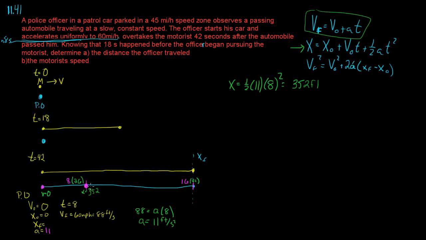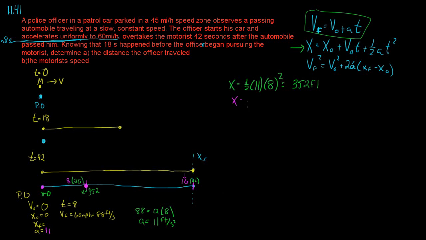We can figure out how far the police officer travels by using this same equation again with a time of 16 seconds, because he's traveling with a constant velocity from this point to this point, which takes him 16 seconds.